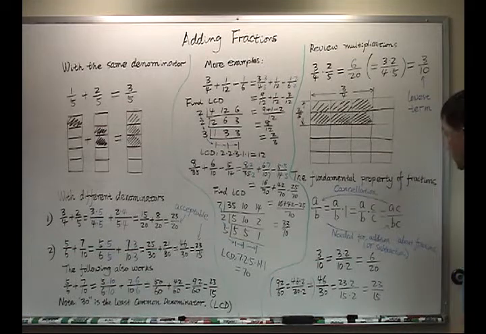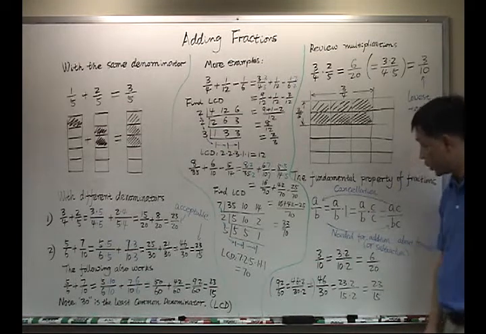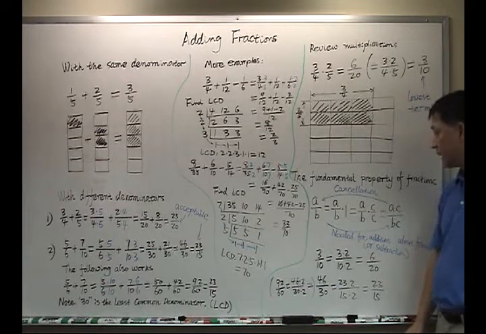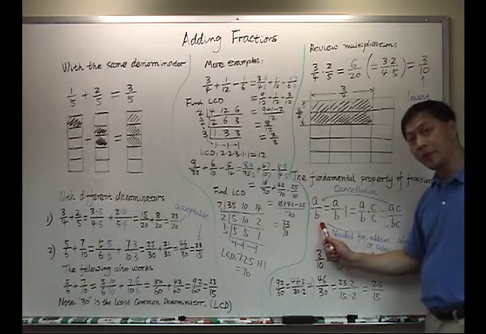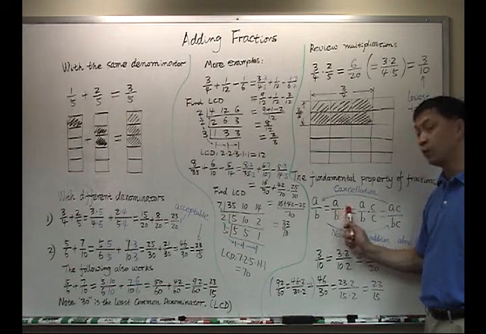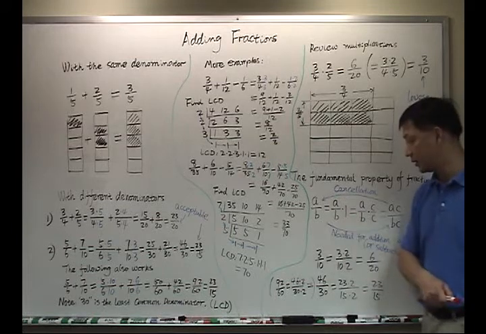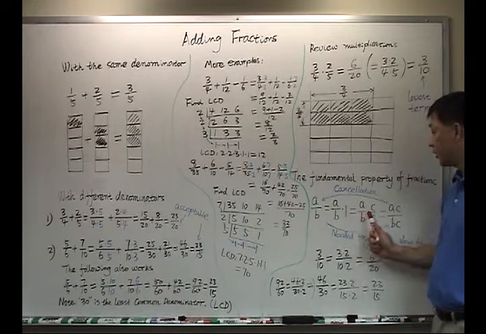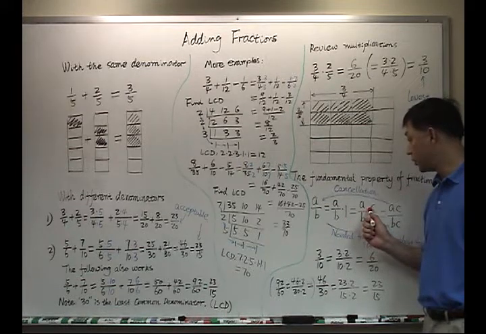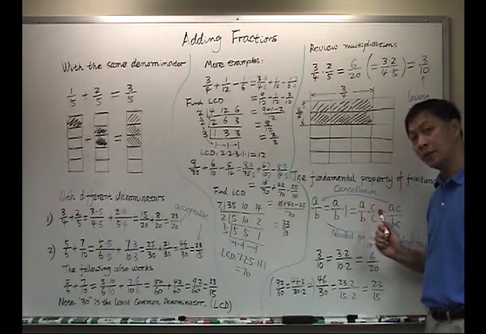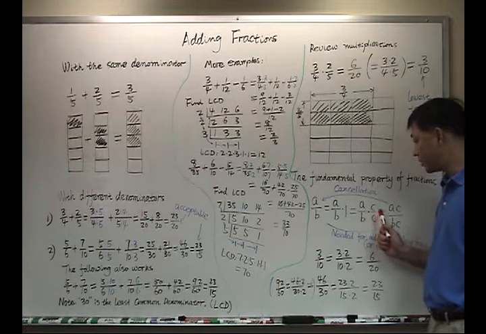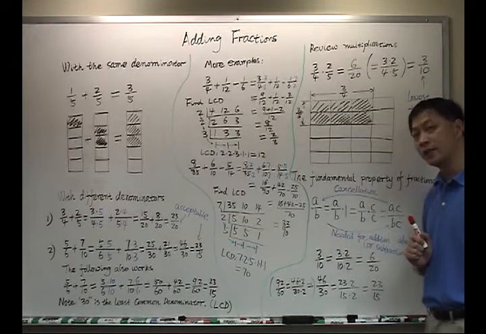Now from here we can derive a very confusing property. Look, A over B is actually equal to A over B times 1, because 1 times anything is that thing. 1 is C divided by C. C can be 2, so 2 divided by 2. C can be 3, 3 divided by 3 is still 1. So C can be anything.